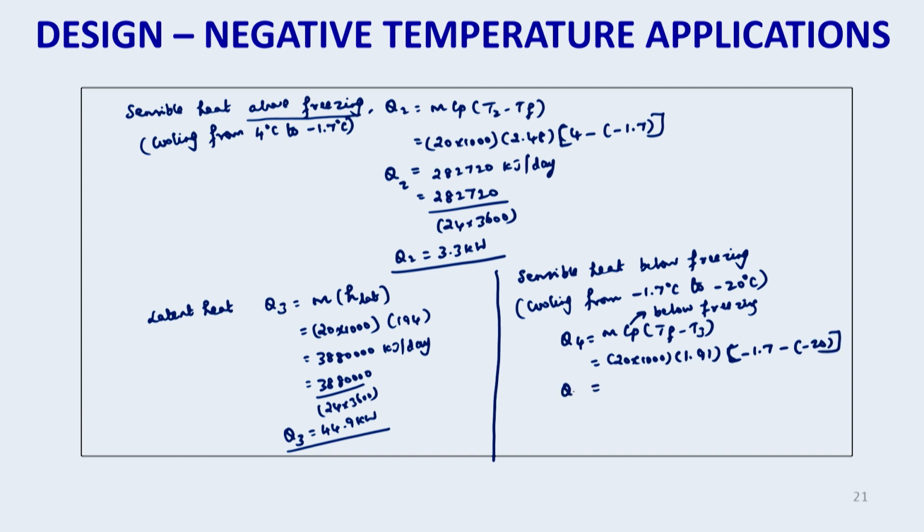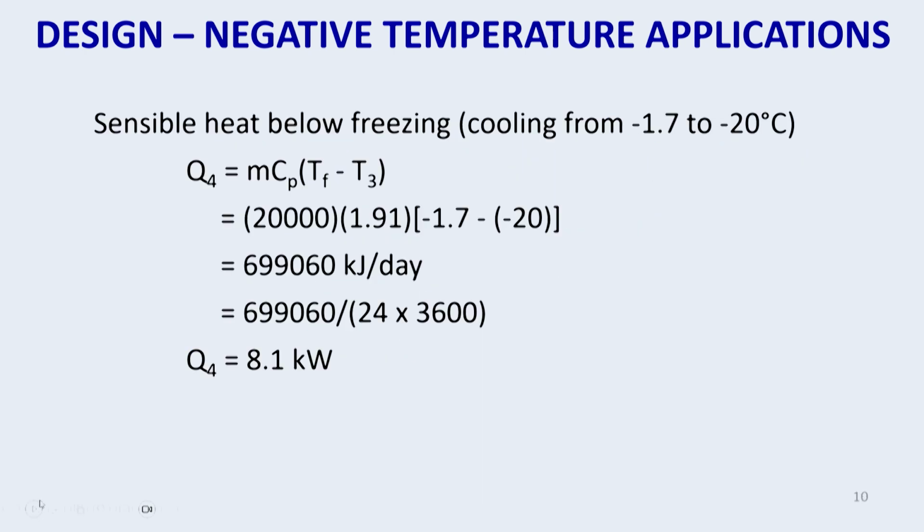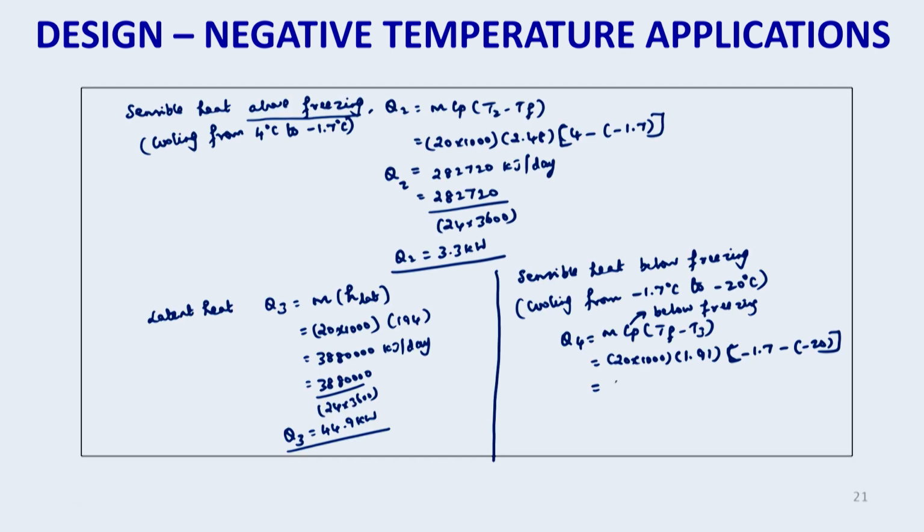So we get Q4 as 6,99,060 kilojoules per day, which is equal to 6,99,060 divided by 24 into 3,600.